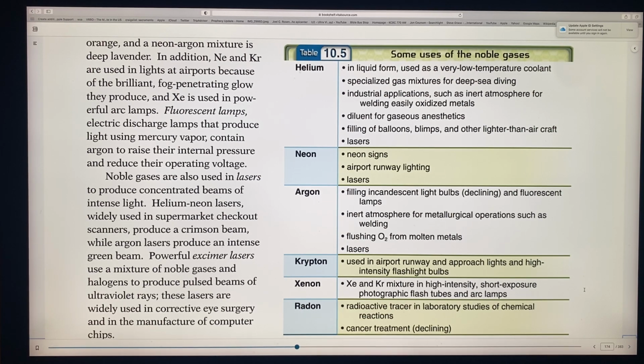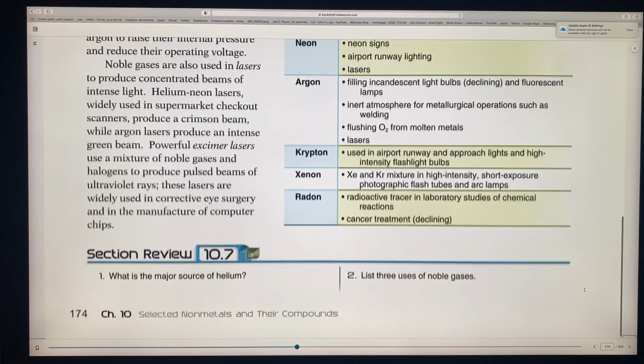Krypton, used in airport runways and approaching lights and high intensity flash bulbs. Xenon and krypton mixture is for high intensity short exposure photography, flash tubes and arc lamps. So this all has to do with light, huh? And of course, radon: radioactive tracer in laboratory studies of chemical reactions and also in cancer treatment, but that's declining now. So there we have it.